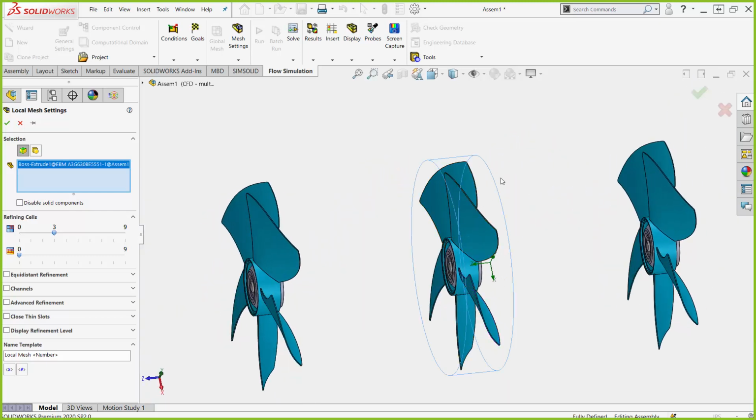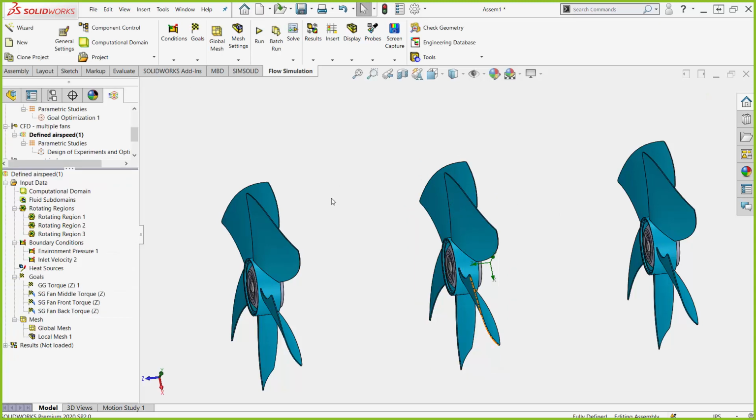My idea is that for my initial iterations, I have at least 4 to 5 mesh cells across the beginning to end of that rotating region. 4 to 5 at least. Now, as I want to get more accurate results, please bump that up. The smaller you make your mesh, the more likely you are to capture perturbations and stagnation regions and correct pressure drops, etc.